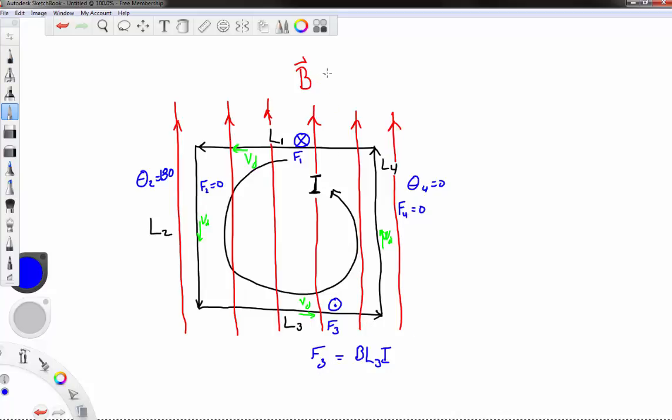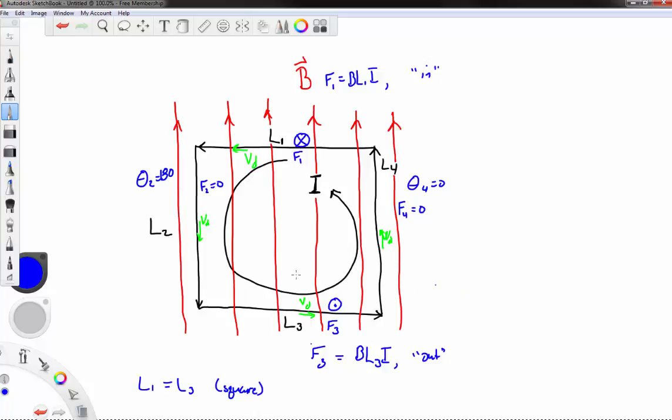And up here it's going to be F1, magnitude is B times L1 times I. And L1 and L3 are equal because it's a square. And last but not least, if we wanted the direction, this one is out, this one is in.